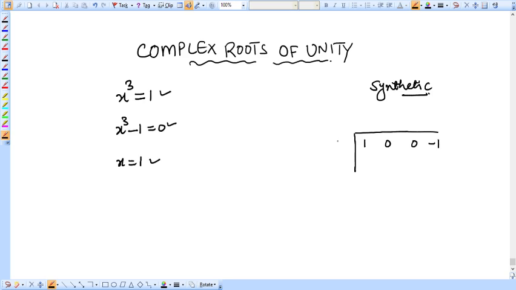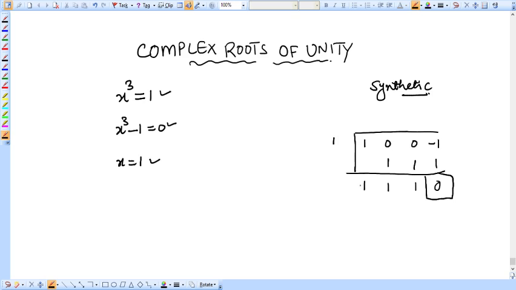So one root is 1. Now you see, 1 as it is, 1 multiplied with 1 we get 1 here, 1 multiplied with 1 we get 1 here, and we get 0 here. It shows that 1 is a root of the given equation.